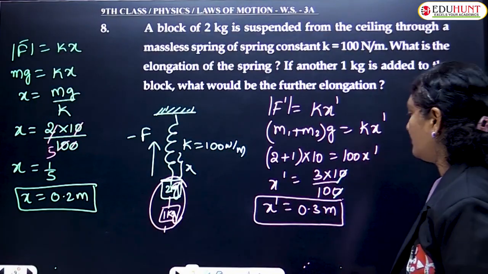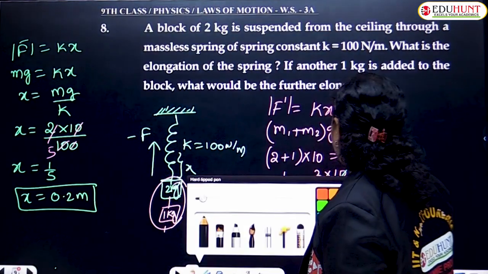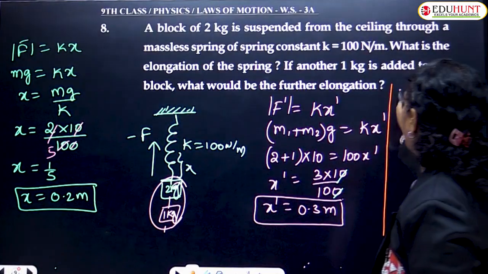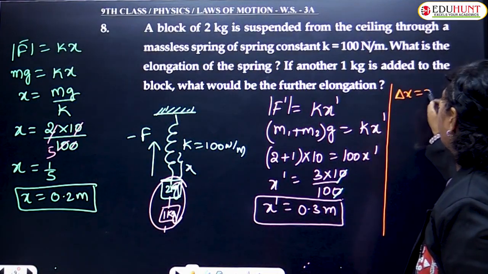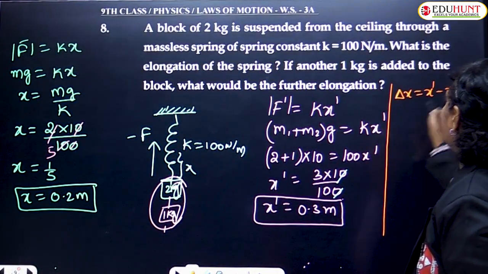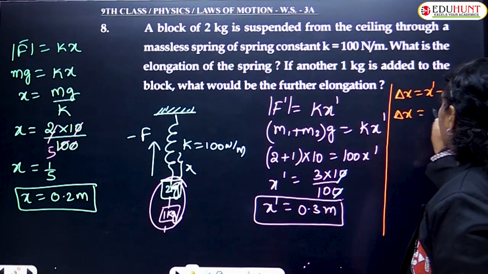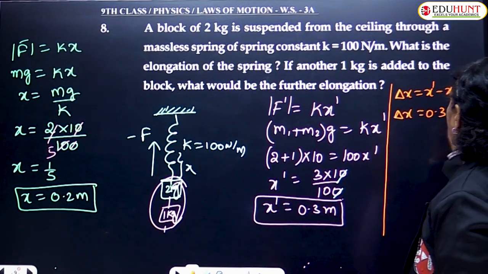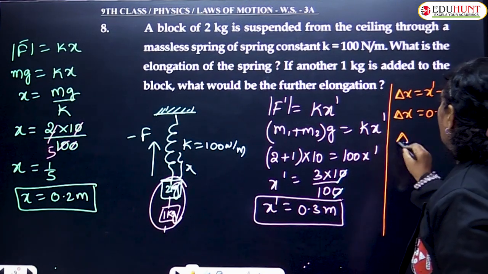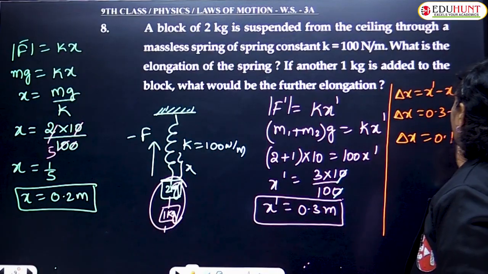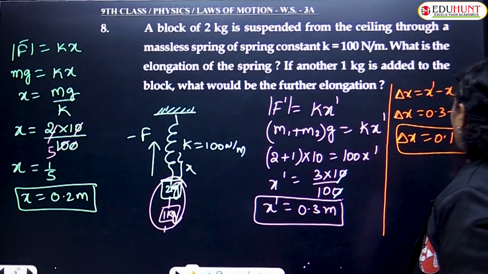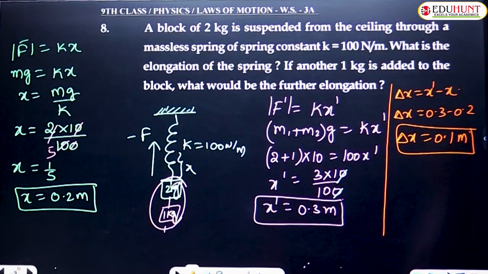If you are asked to find the extra elongation, it is nothing but delta x. Delta x is nothing but x dash minus x. So the elongation is x dash, 0.3, minus 0.2, or it is extended further by 0.1 meter, and this must be your answer.